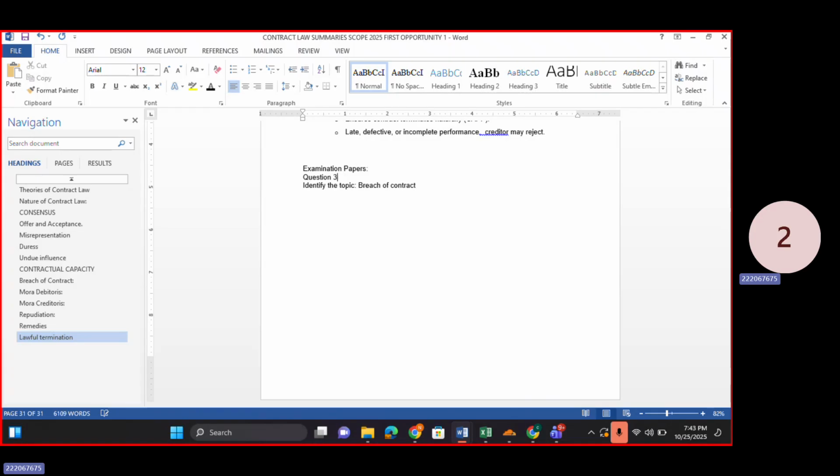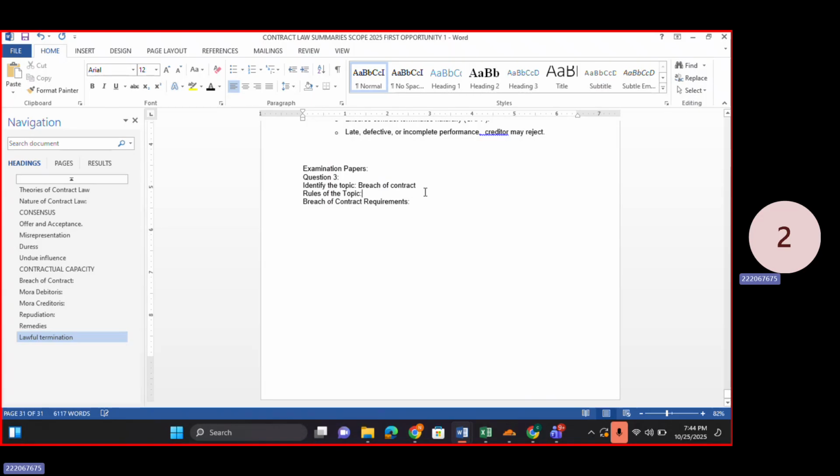Question 3, breach of contract. So let's talk about the rules of the topic. What do we know about breach of contract? We know that it has requirements. So we start by defining what it is.